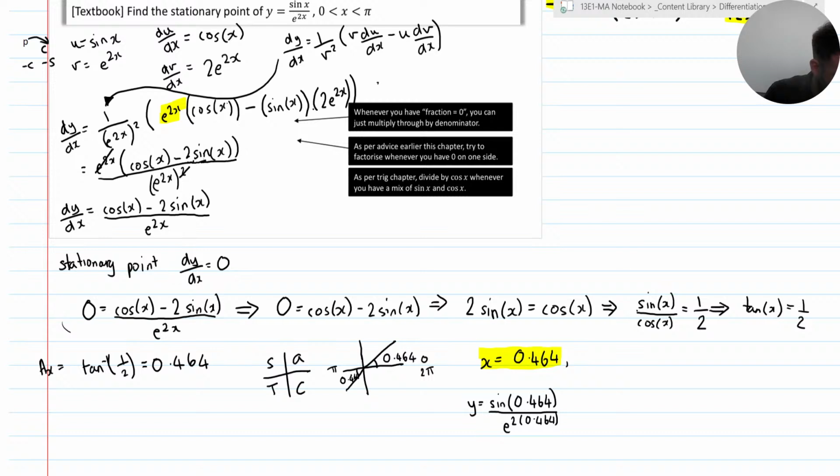So on our calculator, that's going to be fraction button, sine of 0.464 all over shift e, alpha e to the power of 2 times by 0.464, which is going to give you y is equal to 0.177.